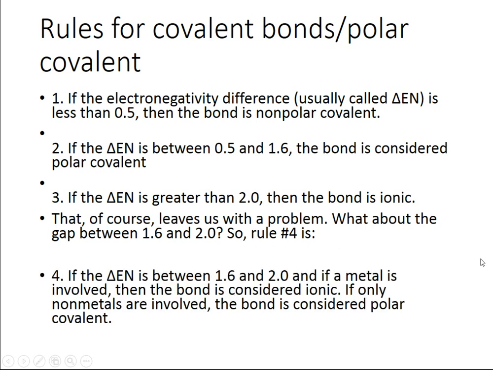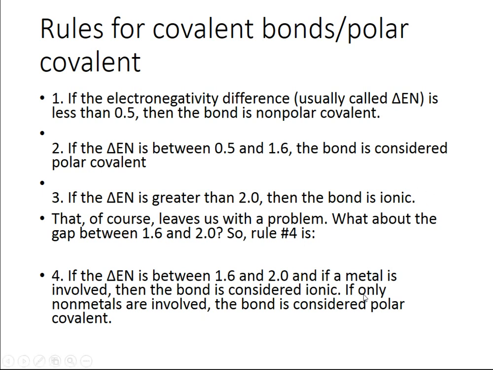Rule number 4 says if the change in electronegativity is between 1.6 and 2.0, and if a metal is involved, then the bond is considered ionic. So if you have a metal and a nonmetal in this case, and the electronegativity is between 1.6 and 2.0, you can be rest assured that you have an ionic bond where you have total transfer of electrons.